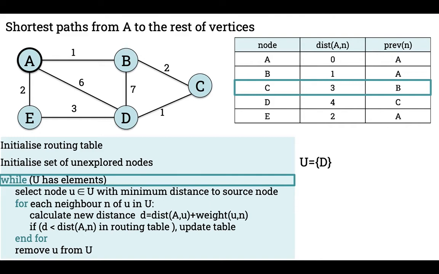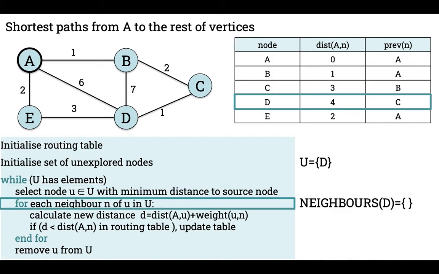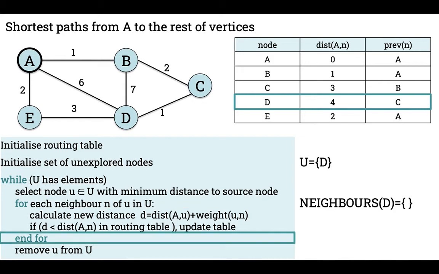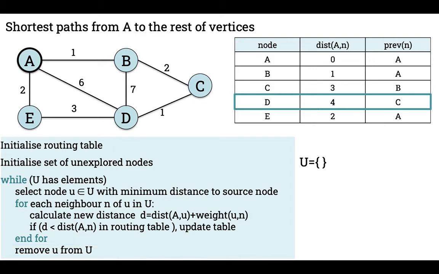Now we will enter for the last time this while loop. We select the node in U with minimum distance to the source node A, which is node D. But D has no neighbors that have not been explored. Thus, we end the for loop, remove D from U, and the algorithm finishes as the condition of the while loop becomes false.